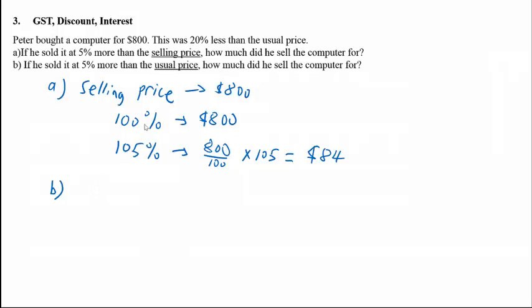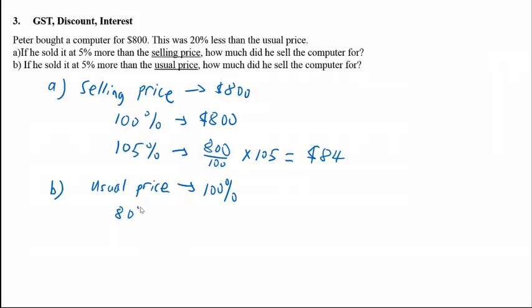Since the usual price is 100%, remember I mentioned that you always let the original be 100%. So the usual price is 100%. After a 20% discount, you will get 80%.